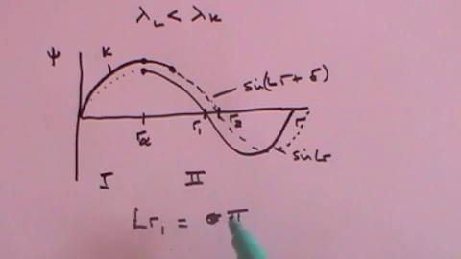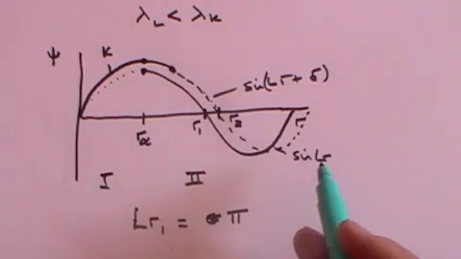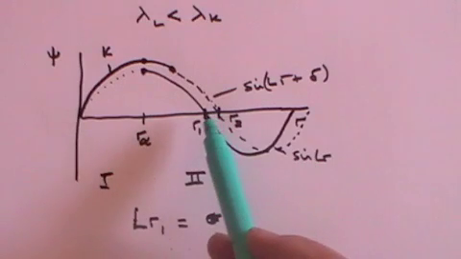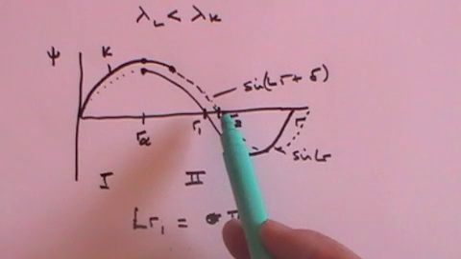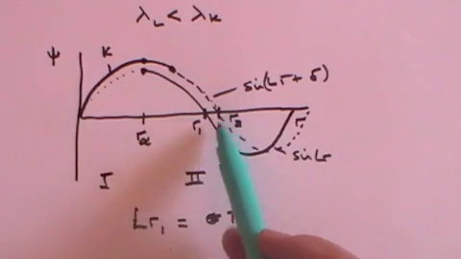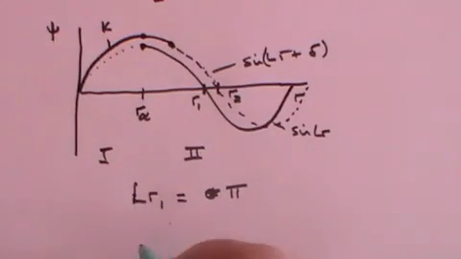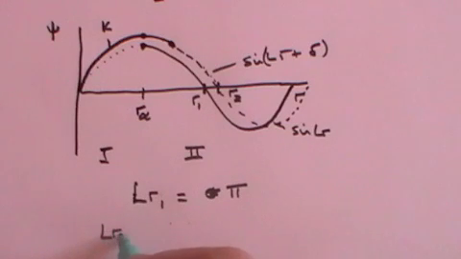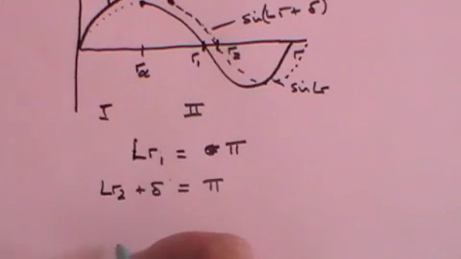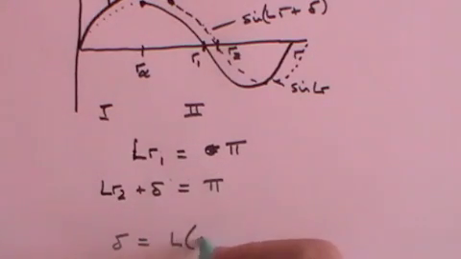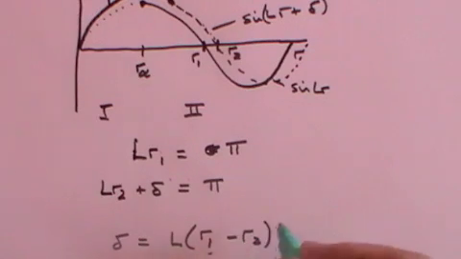And when LR1 is pi, the sine of LR1 is 0, which is what you get here. Here you've got that the sine of (LR plus delta) is 0 at R2, which means that LR2 plus delta equals pi. Therefore, LR1 equals LR2 plus delta, which means that delta is equal to L times (R1 minus R2).